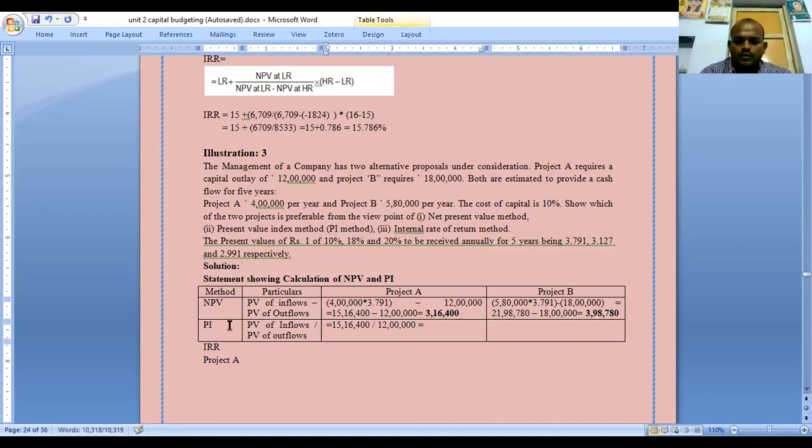So it comes around 1.26. For project B, it is the same, 21,98,780 divided by 18 lakhs. So profitability index will be 1.22.